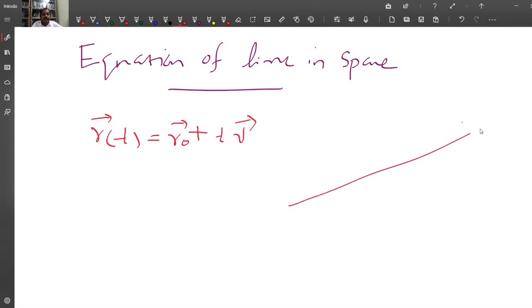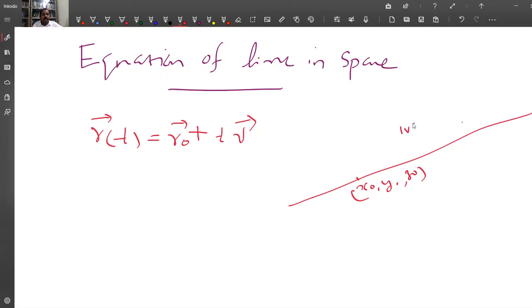Suppose you are discussing a linear motion. Suppose a particle starts from x naught, y naught, z naught, and it moves along the line with a speed of modulus of v.